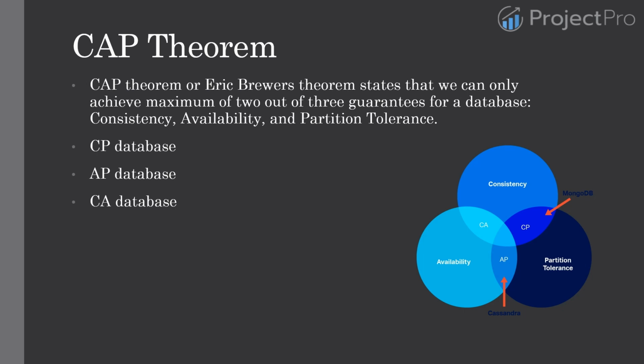Then comes availability. Availability guarantees that every request receives a response about whether it was successful or failed. However, it does not guarantee that a read request will return the most recent write. So every non-failing node will return a response for all the read and write operations in a reasonable amount of time. And at the last we have partition tolerance.